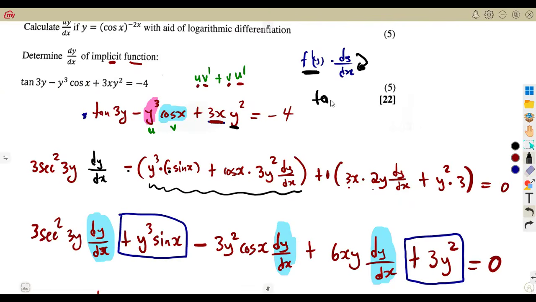So if it is tan of 3y, the derivative has to affect also this part. So it's supposed to be 3 sec squared 3y, but multiplied to what? To dy/dx, because this one, it's not part of x, it's part of y. So we have to include now the dy/dx in our question.